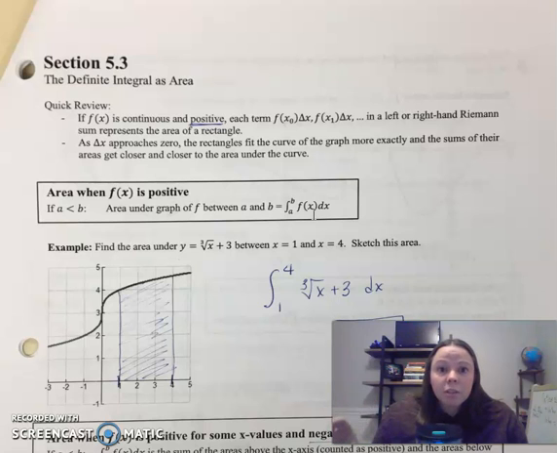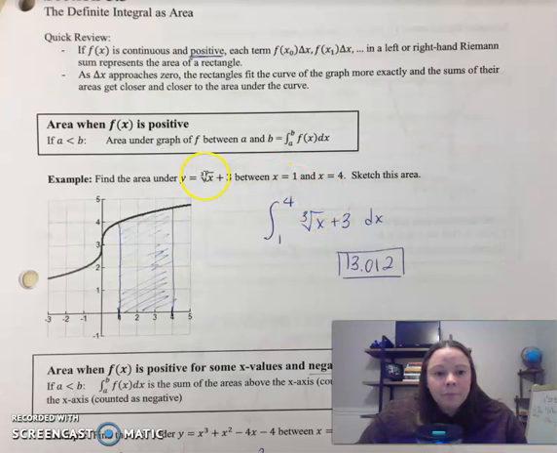Limit as n approaches infinity, having infinitely many rectangles now gives us this immeasurably good approximation of the area under this curve. So of course that's from a to b.